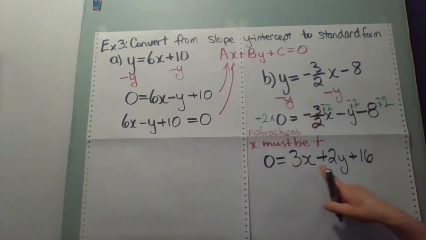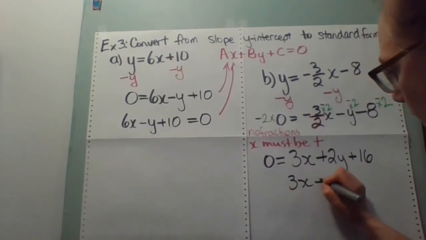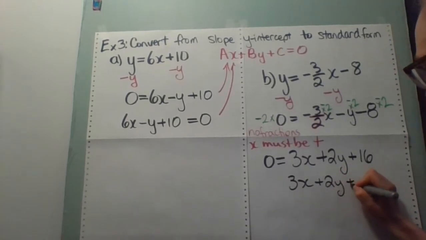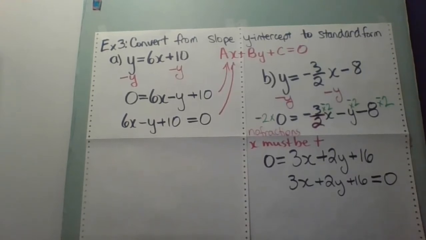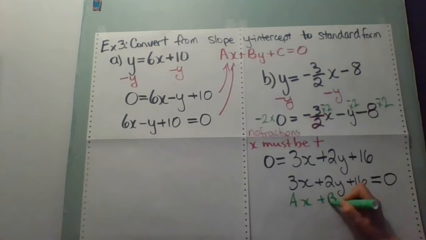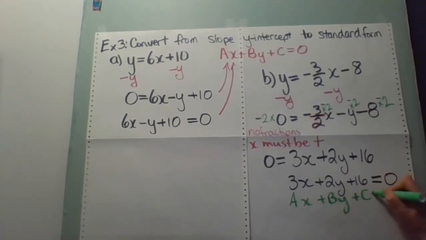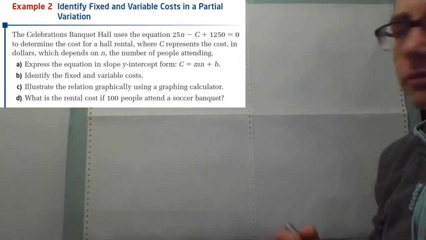We can have 0 equals 3x plus 2y plus 16, or we can rewrite that as 3x plus 2y plus 16 equals 0. So I can just move that over to the other side, and now I have exactly what I wanted. ax plus by plus c equals 0. Standard form. Well done.